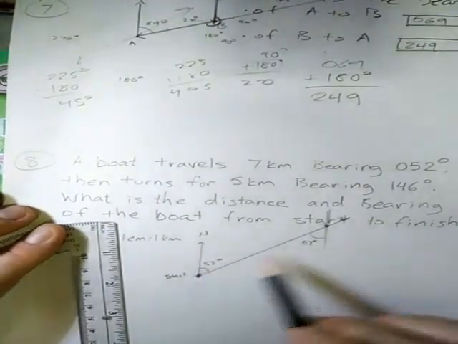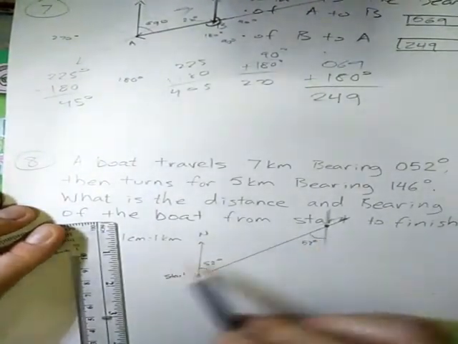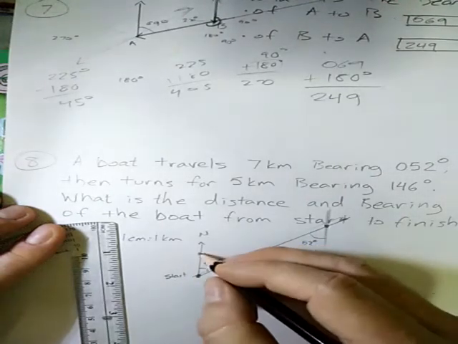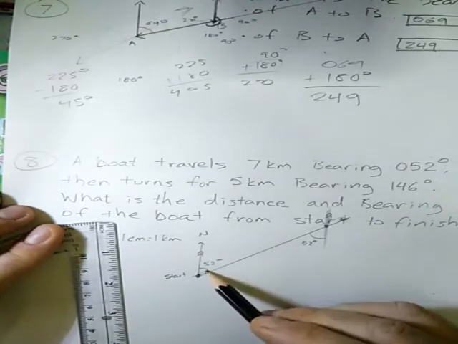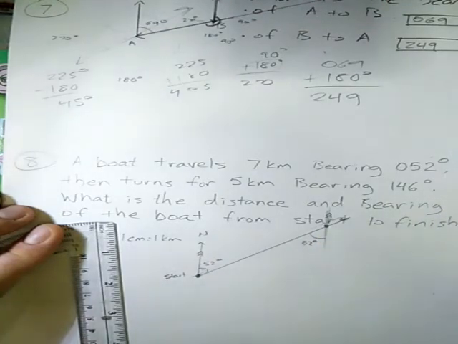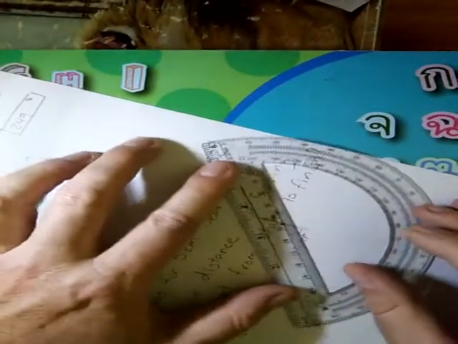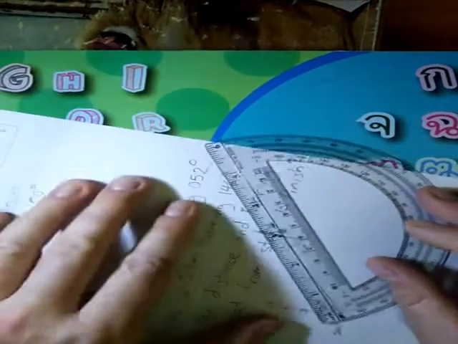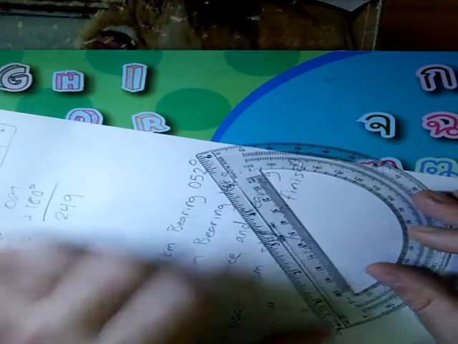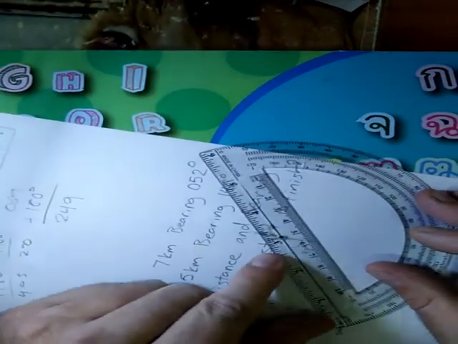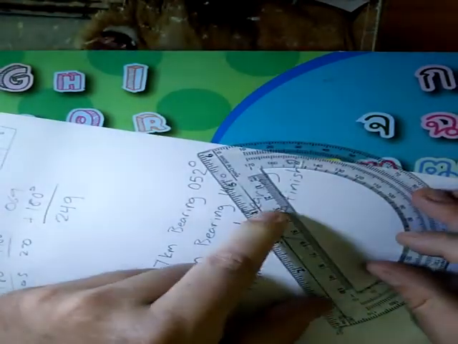We talked about this last year. I think it's called alternate angles. Alternate angles. So this line and this line are parallel, so this angle and this angle will be the same. So I'm going to go ahead and measure out 52 degrees on this line right here. Turn the paper, get my 0 point, and looks like that's about right. 52 degrees.